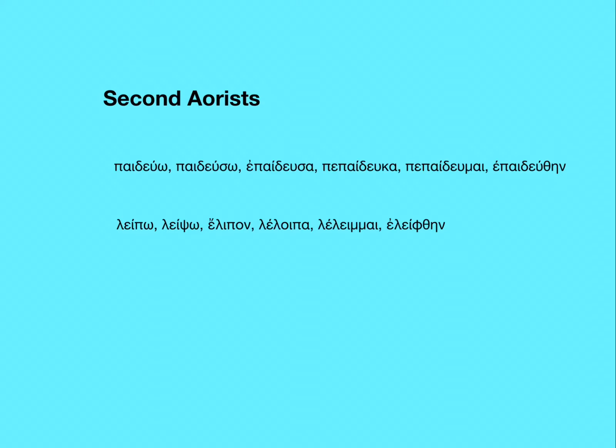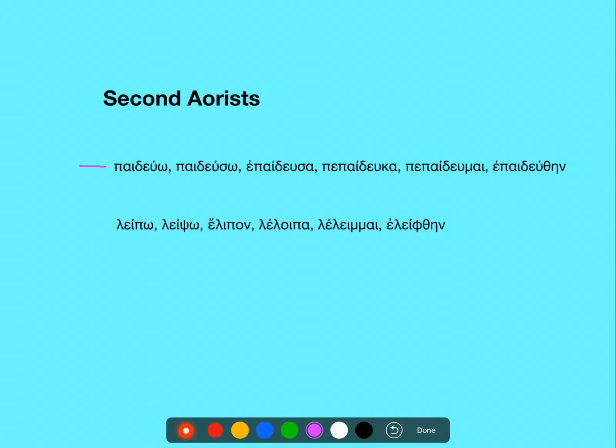All right, verbs that have a second aorist. You'll know them by their principal parts. So far, we've been only learning verbs that have principal parts that look a lot like paideuo. So paideuo, paideuso, epaideusa, right? So its third principal part ends in alpha.